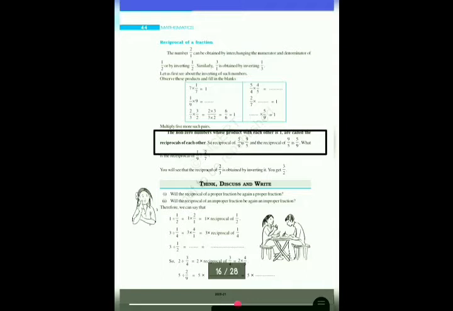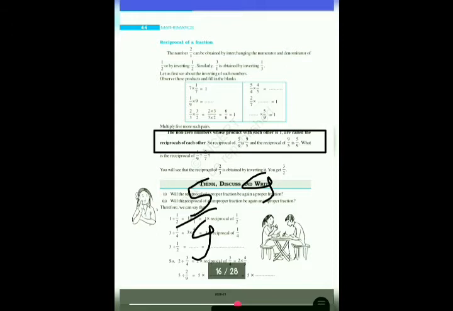For example, here the reciprocal of 5 by 9 is 9 by 5. Now we take the product of 5 by 9 and 9 by 5. So we can cut 9 from the numerator and denominator and we cut 5 from the numerator and denominator.